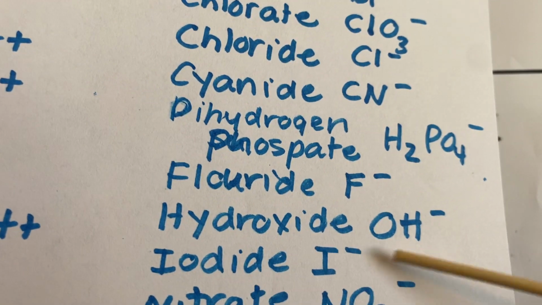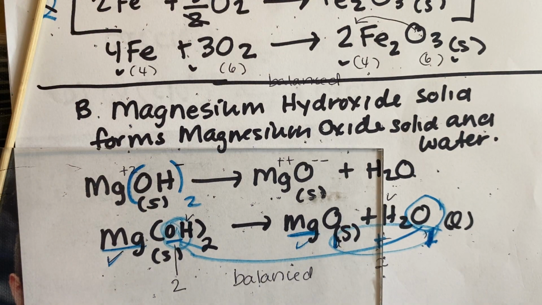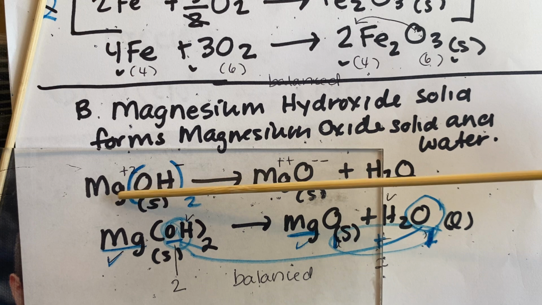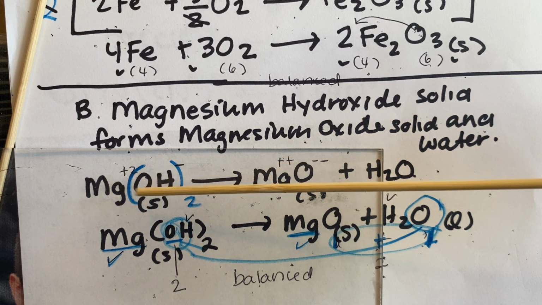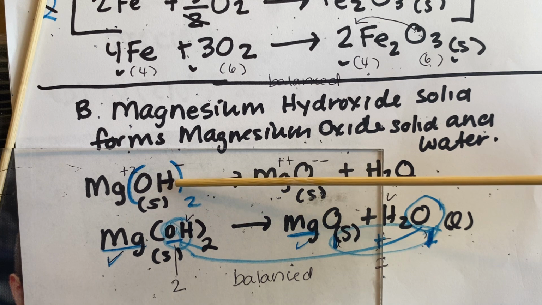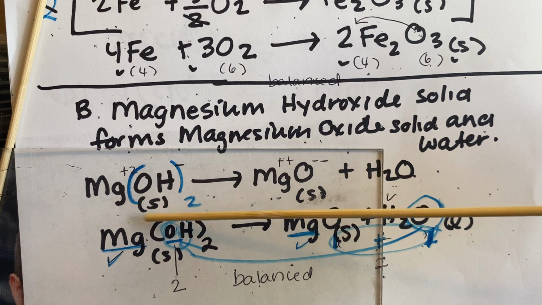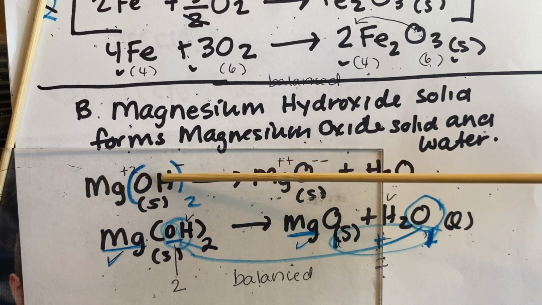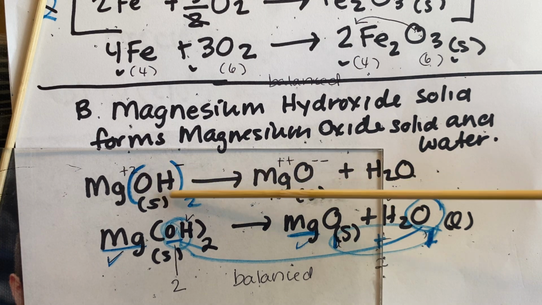Hydroxide is on my list, and it's OH, a negative OH. So there's only one negative. That's important because now we have to make this out. Magnesium has 2 positives, and hydroxide only has 1. So I'm going to need 2 of these so that they will balance out, right? And so I put a little subscript 2 there. That's all I have to do.